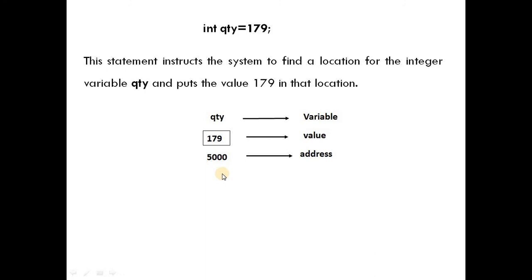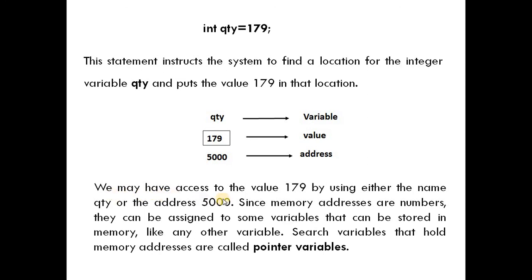During execution of the program, the system always associates the name quantity with the address 5000. This is similar to having a house number as well as a house name. So this is the house, this has the house number, and this is the house name. We may access the value 179 by using either the name quantity or the address 5000.